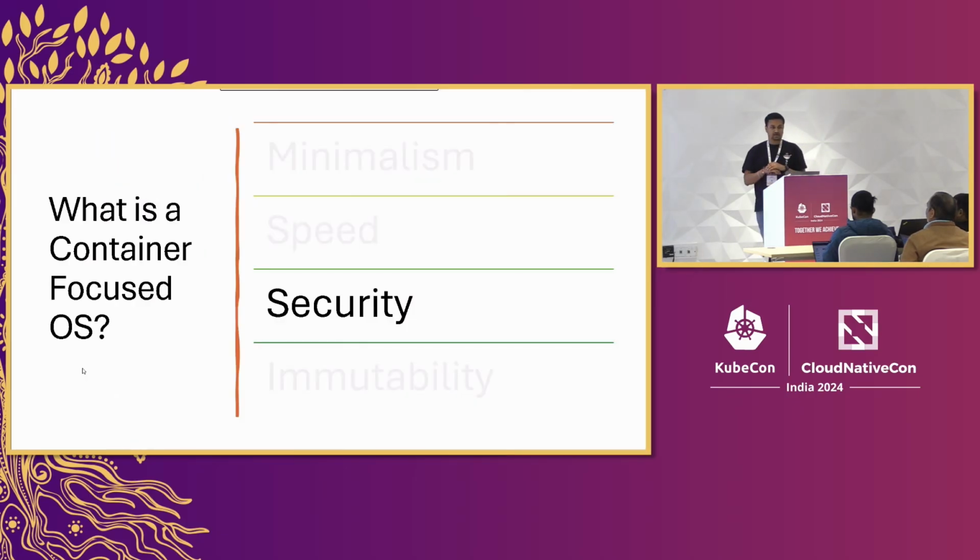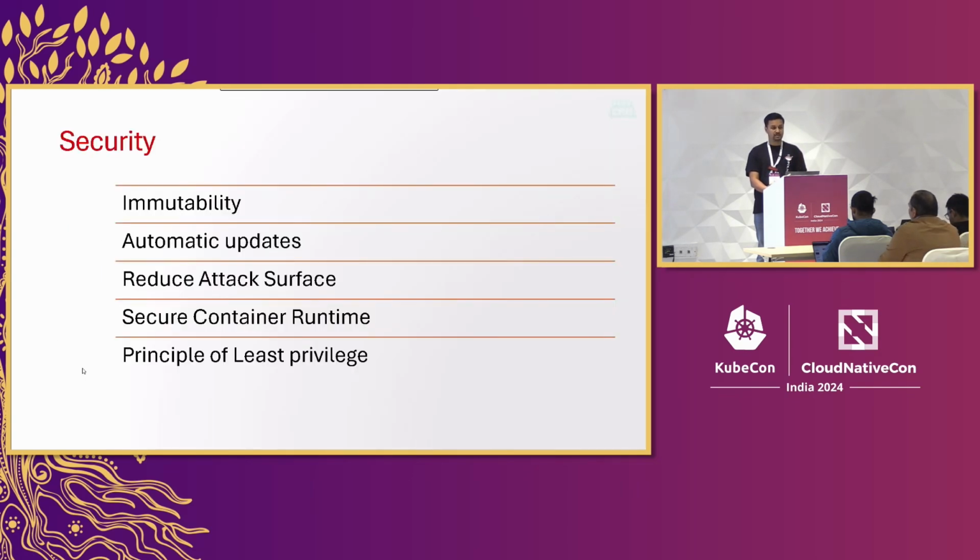The other factor is security. Security is one of the top items, one item that is on top of the pillar. So ideally, the immutability factor is there.